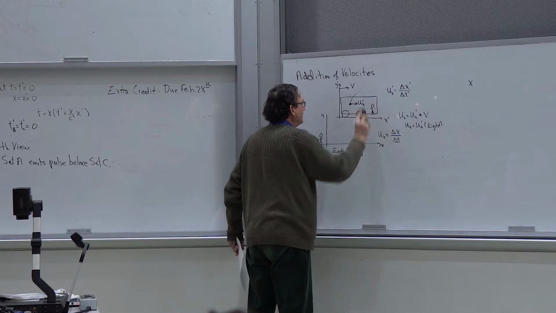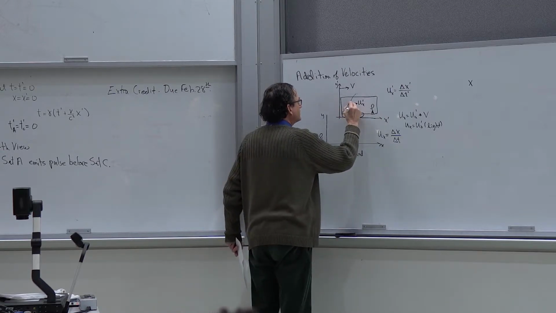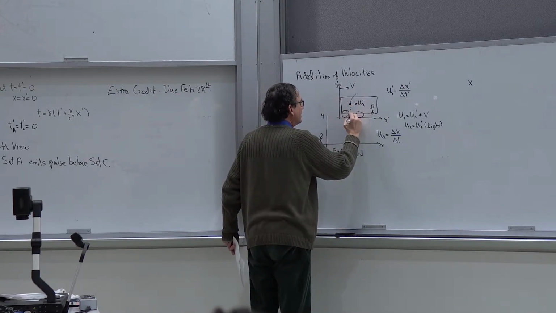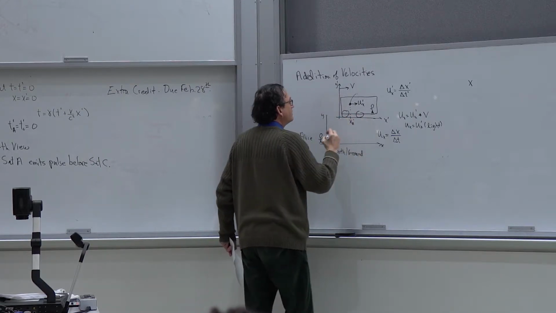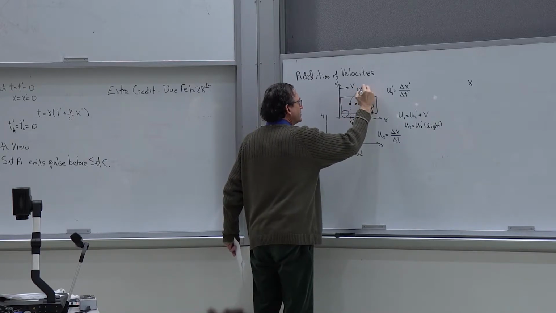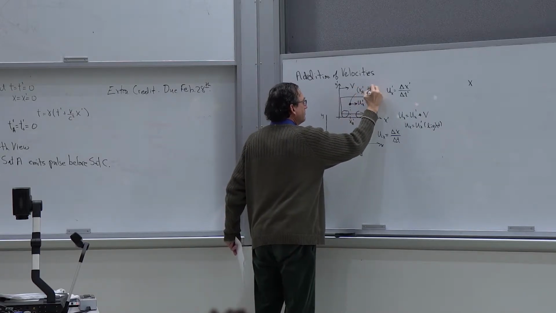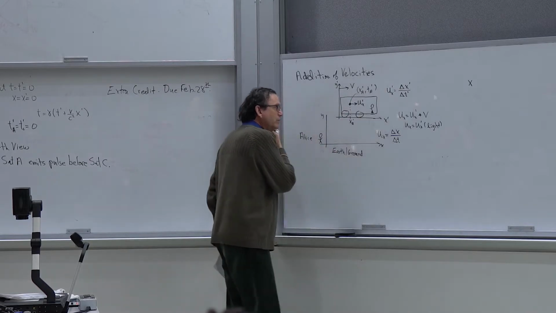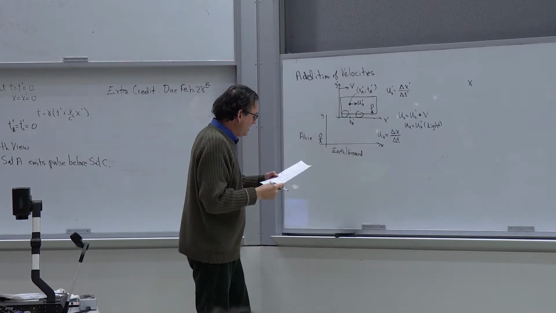If we call this point x sub a prime, then at this point we know that it's at a coordinate x sub a prime at time t sub a prime. Right? That's the way we categorize that.